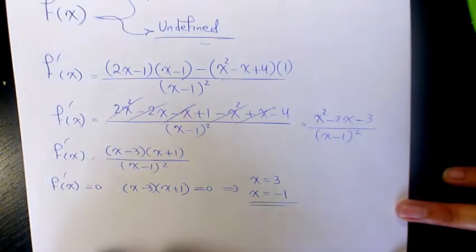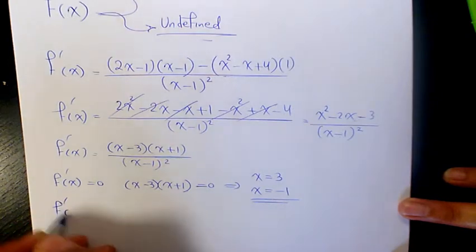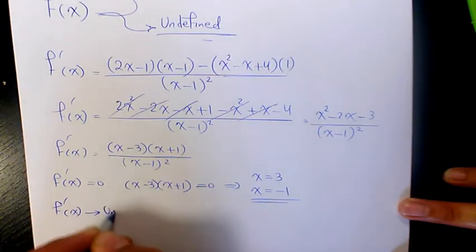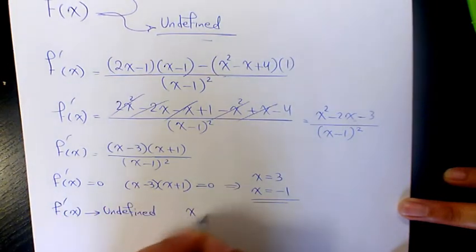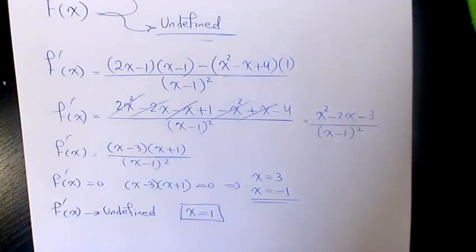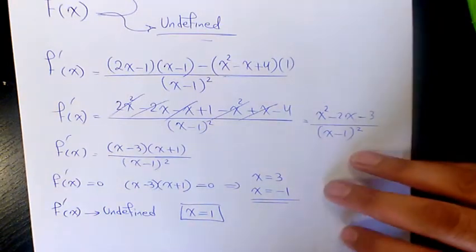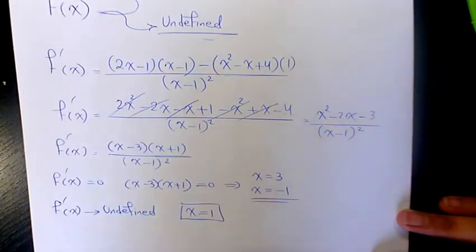So these are two of the critical points. Now f prime is undefined when the denominator is 0, which happens when x equals 1, so the whole thing is going to be undefined. So we have three critical points: negative 1, positive 1 and positive 3.